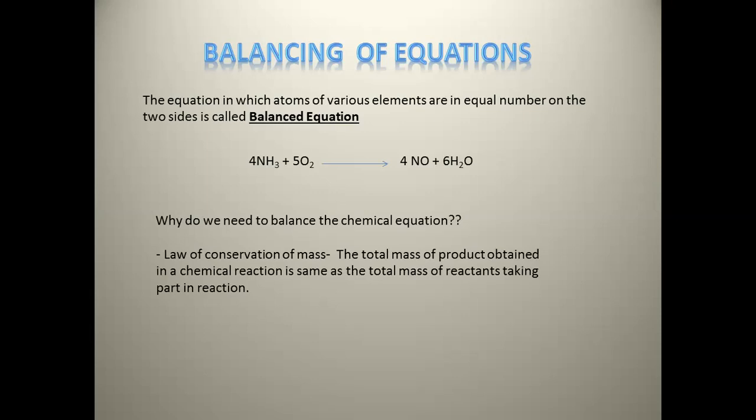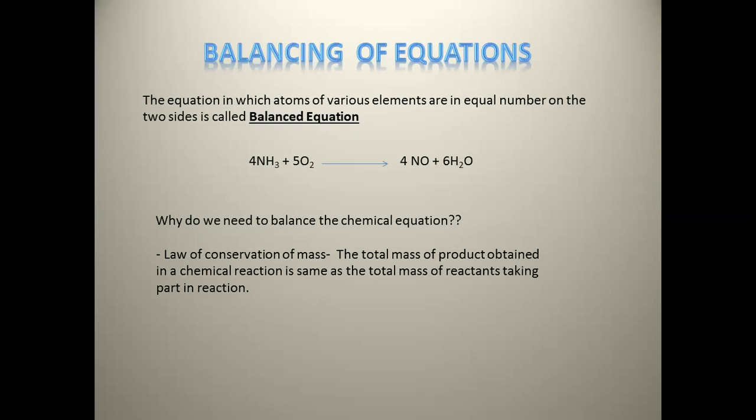To satisfy the law of conservation of mass, we must balance, because according to this law the mass obtained in the products must be equal to the mass of the reactants.